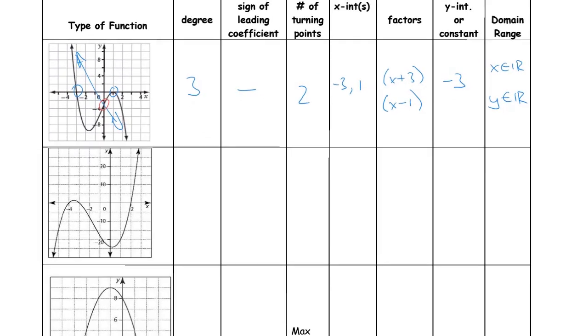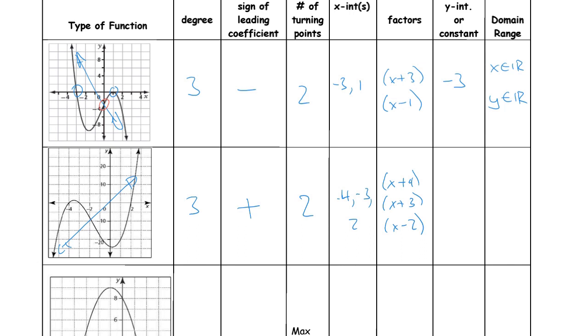This next one is also a degree 3 because it's got 2 turning points. This time, because the overall motion is up, it's going to have a positive leading coefficient. The x-intercepts are -4, looks like -3, and +2, which means the factors are x plus 4, x plus 3, x minus 2, all multiplied together.